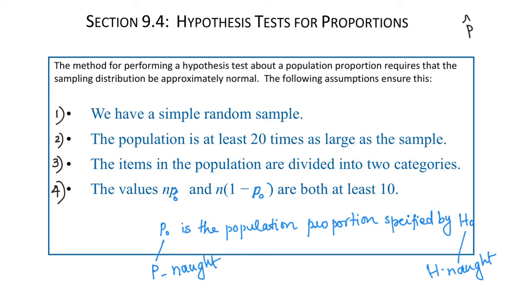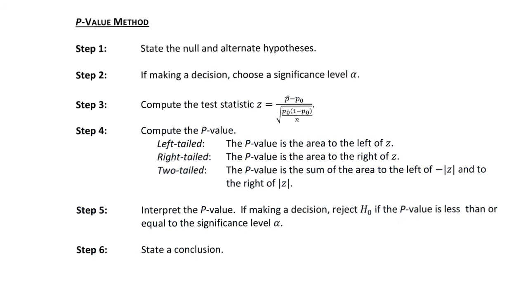Here the population must be much larger than the sample. That means it should be at least 20 times as large, so that the sampled items are independent. The assumptions that both n times p naught and n times 1 minus p naught are at least 10 ensure that the sampling distribution of p hat is approximately normal when we assume that the null hypothesis is true.